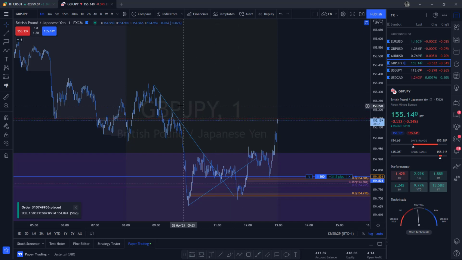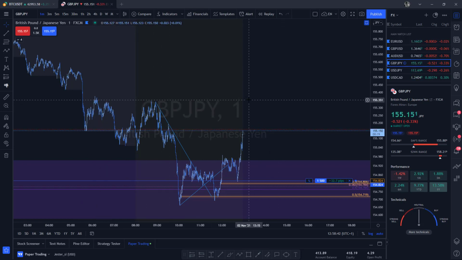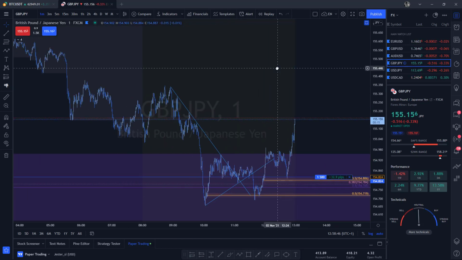And the target should be at least these highs here, or above these highs to take liquidity from these highs. Let's see. Okay, now we can go to US 30.